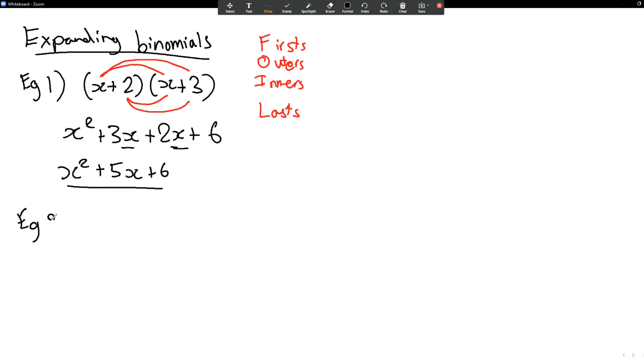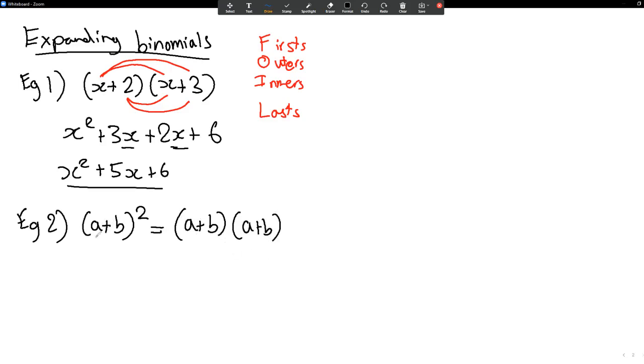Sometimes you'll see it in the form a plus b squared, like so. All this means is obviously you're multiplying a plus b by itself. So it's like this. And the process is the same from here.